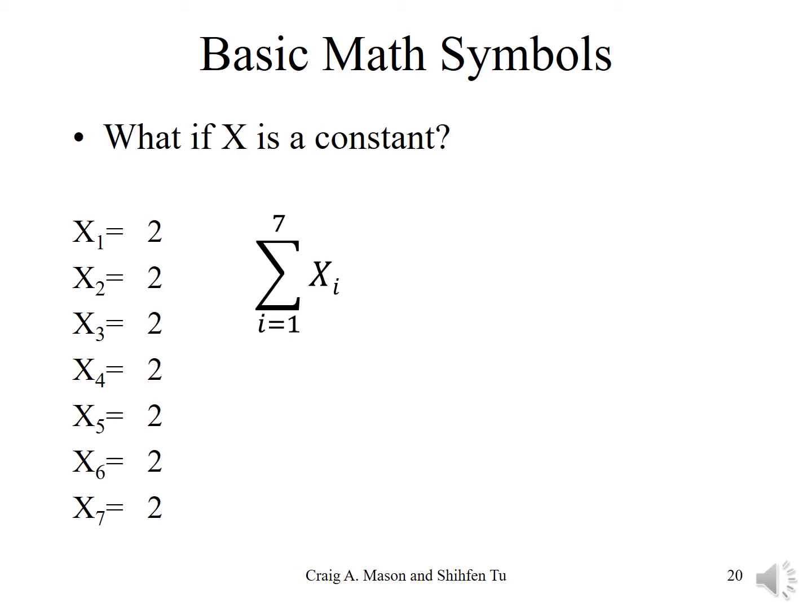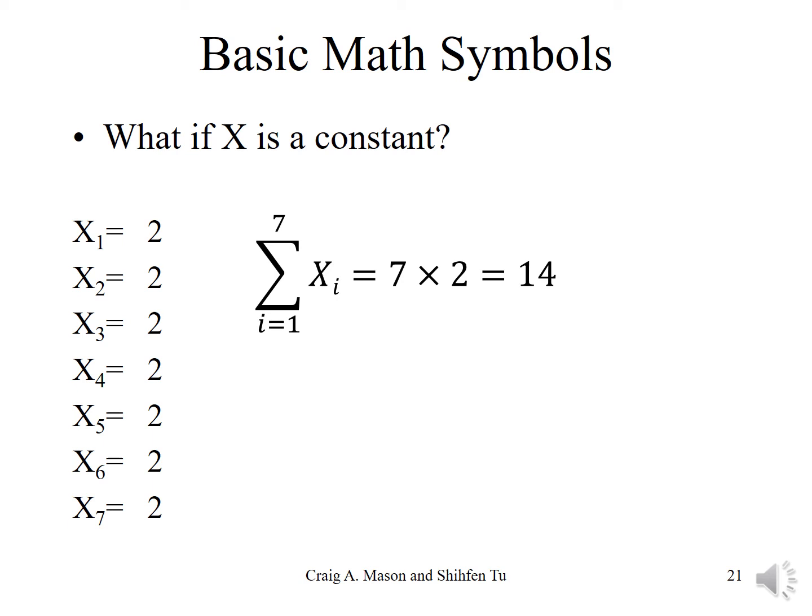One last one. What if X is a constant? Everyone has exactly the same value. Let's say 2. Nothing really changes, but there is a pattern that's worth noting. Instead of going through the process of adding 2 plus 2 plus 2 plus 2 and on and on, you can just calculate whatever the value for N is times whatever the value of the constant is.